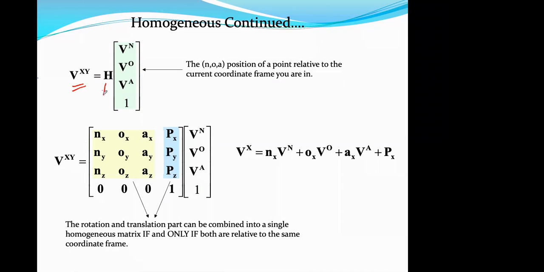It will be the transformation matrix जो हम आगे से दिखाएंगे. And VOA, this is a position of a point relative to the current coordinate frame. ये दे रखा है यहाँ पे, इससे आप देख लीजिए coordinate frame.